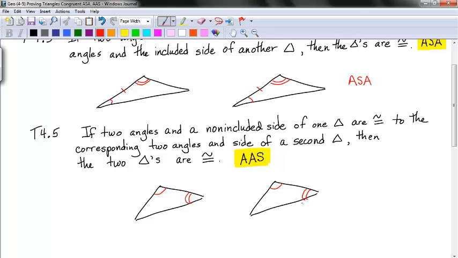It could be this one congruent to this side, or this side congruent to this one. It cannot be this one, because that one's included between the two angles. So I'm going to make it this one congruent to this one, and that's angle, angle, side.